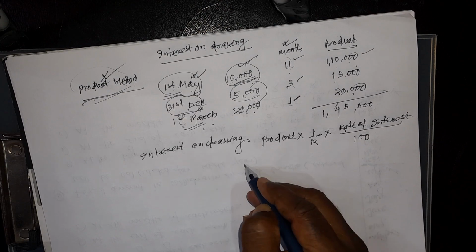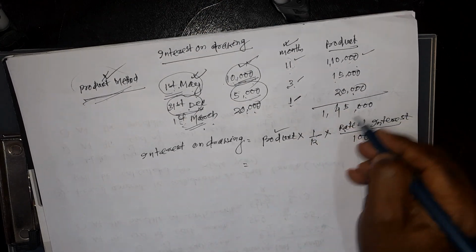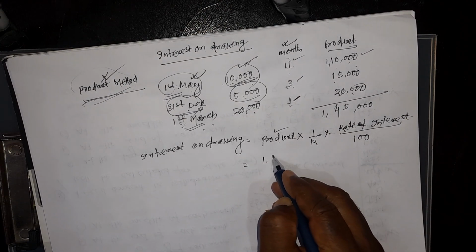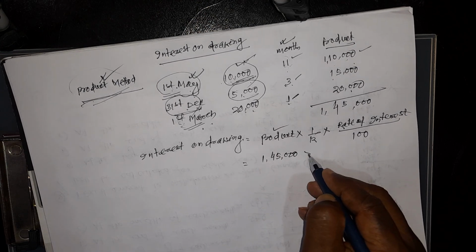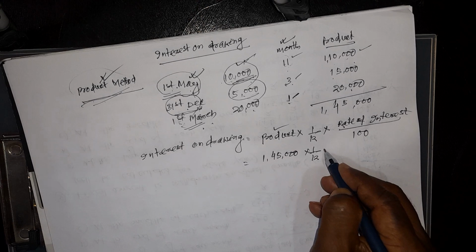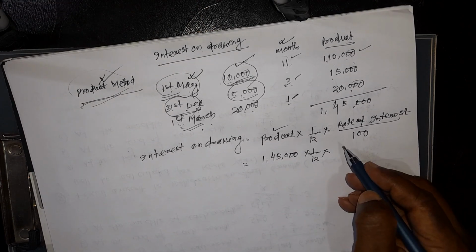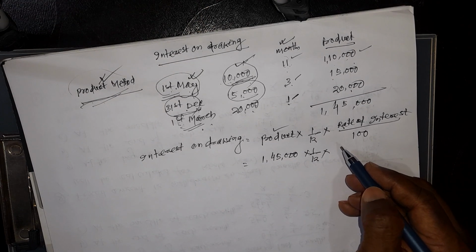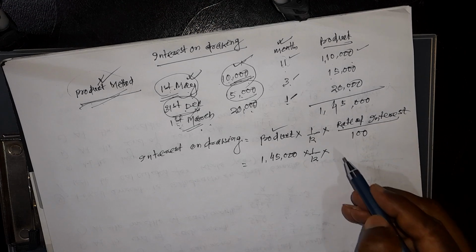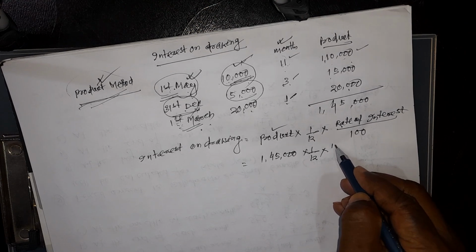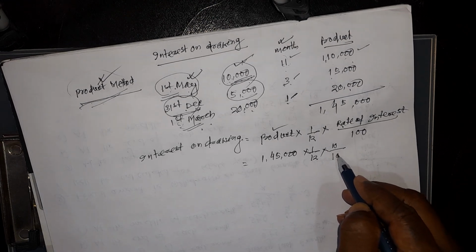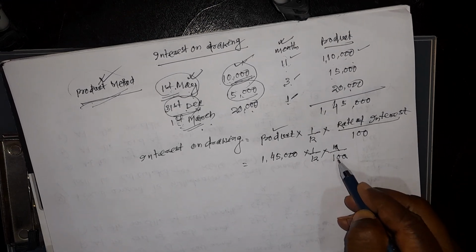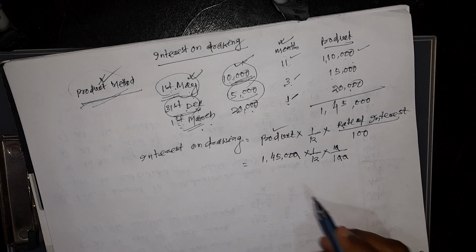Clear? So the product is the total, 1,45,000, you will write it. 1,45,000 into 1 by 12 into rate of interest. The rate of interest will be given in the question. It may be 10%, 7.5%, whatever it may be, you will write it. Let me explain, I am assuming that it is 10%. Clear? Then you will divide it.